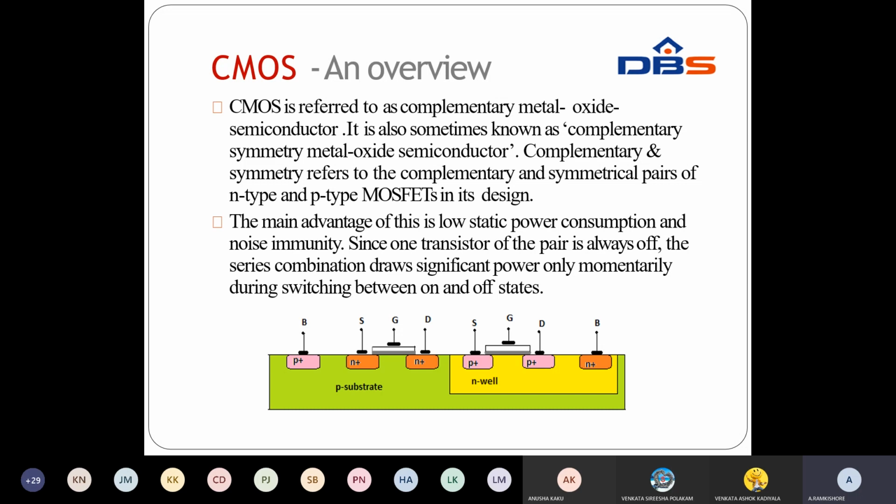Here is the N-well. Complementary means opposite. So if you want to form an N MOSFET and a P MOSFET, we use a P substrate. Within the P substrate again we form an N-well, and within the N-well we form P type.